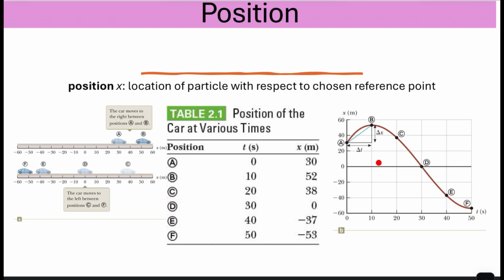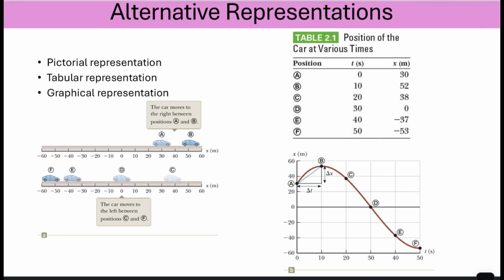So we have three different ways to explain or to state the motion of an object. For example, a car moves from position A to position B and then reverses back to position C, D, and reaching F. We can put it in terms of pictorial, or we call it a motion diagram, or we can also have a table, or also in terms of a graph.